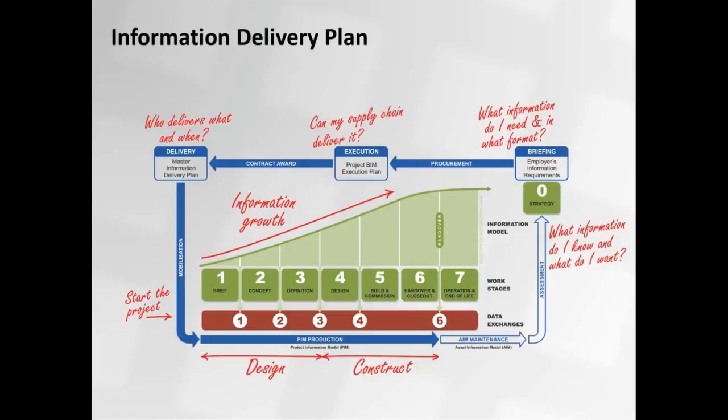So what are the expected levels of information that mature as we go on from one stage to the next. And also it mandates and defines the contractual information at specific exchange points, the data drops that we've discussed in the past. 1, 2, 6.